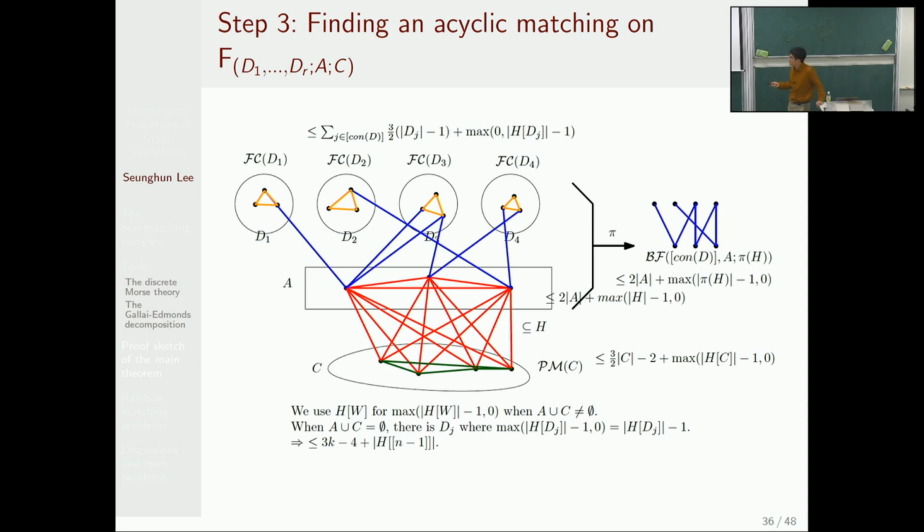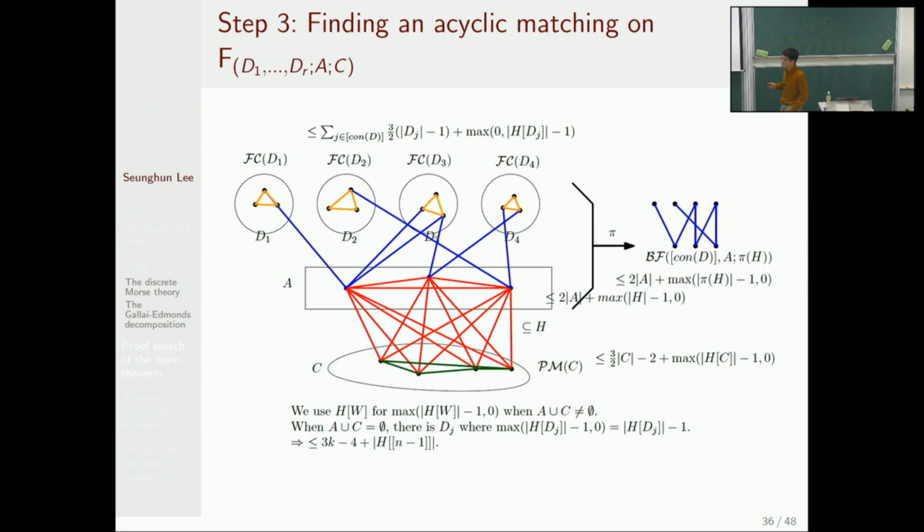In the final step, there are also two cases: A union C is an empty set, and A union C is non-empty. There is a very complicated maximum expression over here, but we don't need to use the maximum expression. We can just bound this by, for example, the number of edges in H, the induced subgraph of H on DJ here. So we don't need to use this minus one in this case.